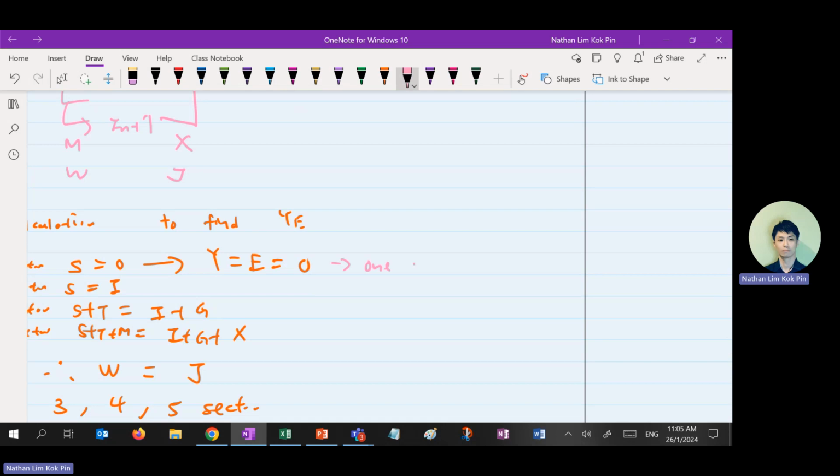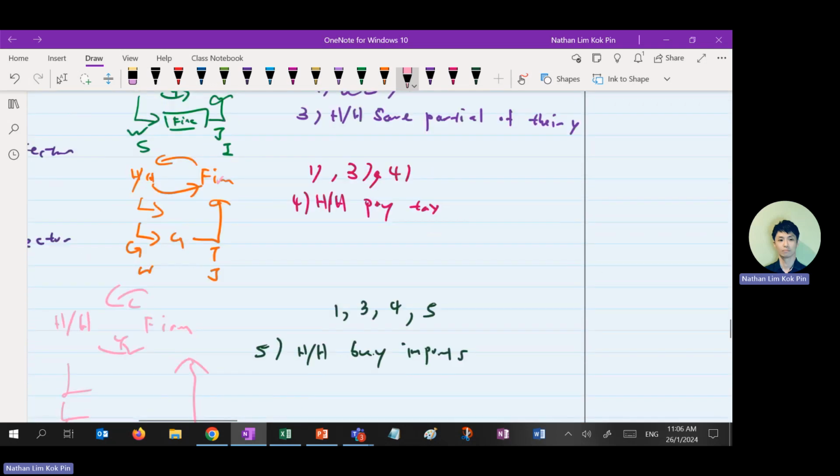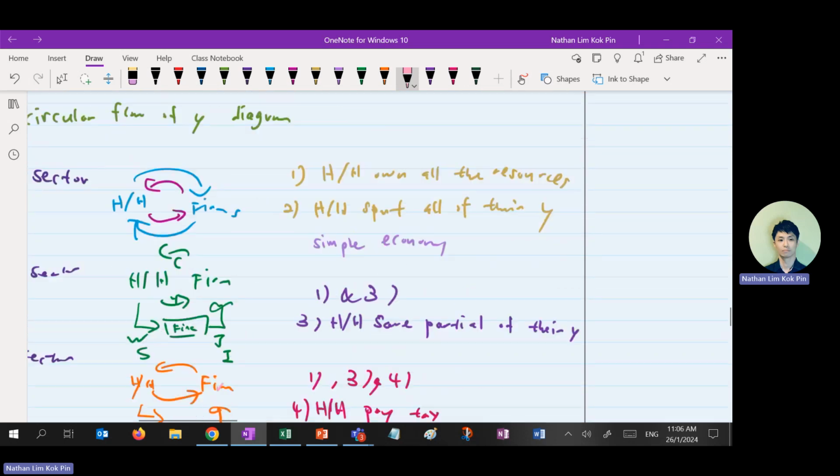One individual's expenses, which is E, equals another individual's income. That's why Y equals E. And at what price? At the output price. That's why Y equals E equals O. This is for the circular flow of income diagram.